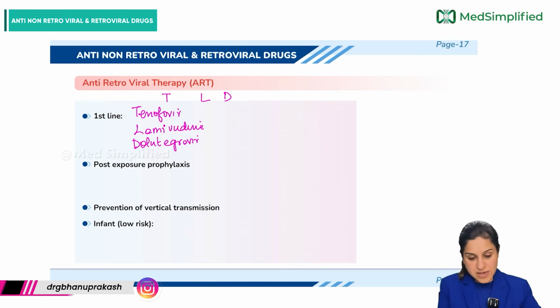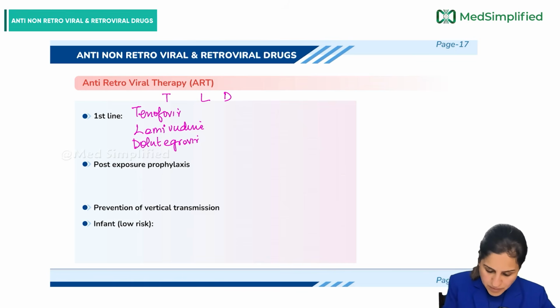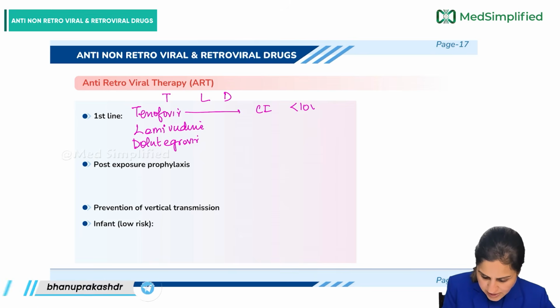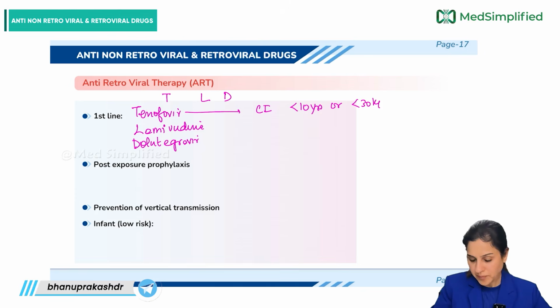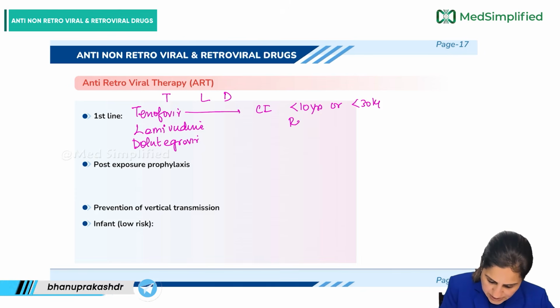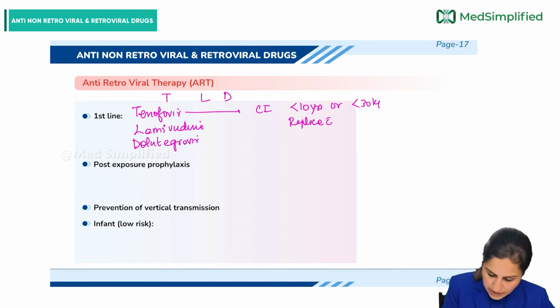So these are the first line drugs that we use. Remember, tenofovir is contraindicated in children less than 10 years or where the weight is less than 30 kg because we don't have the safety data here. So, replace in such a case with abacavir.